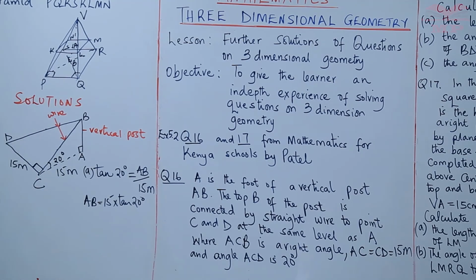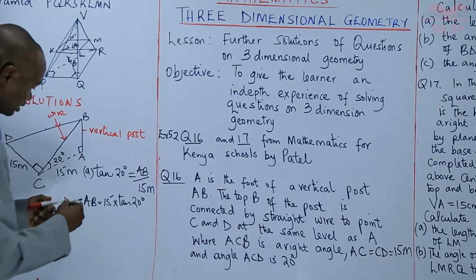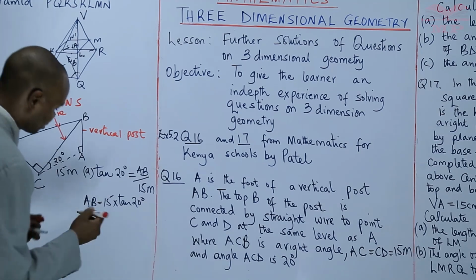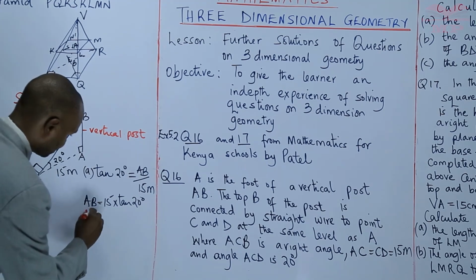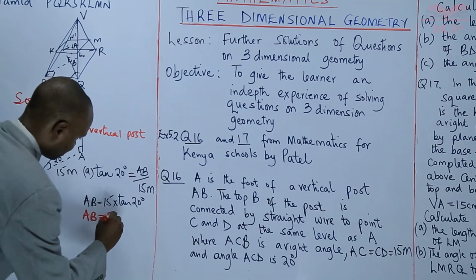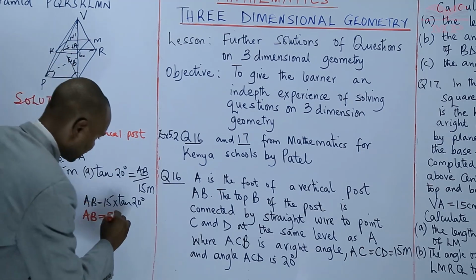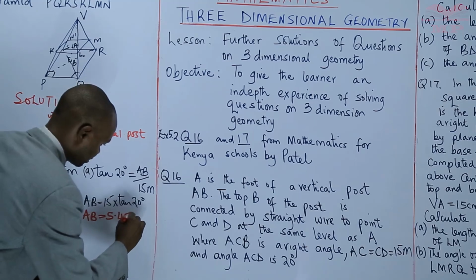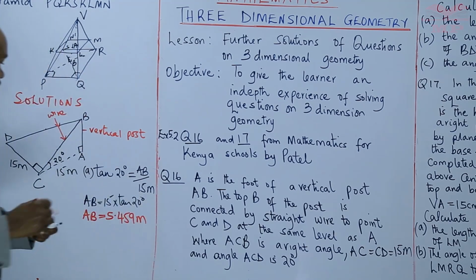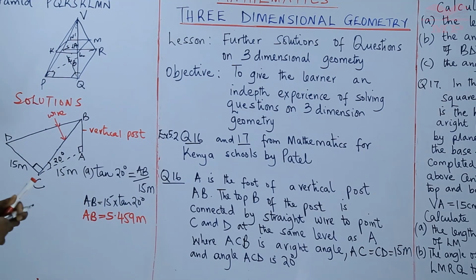A quick punch of the calculator gives AB equal to 5.459 meters. That is length AB.